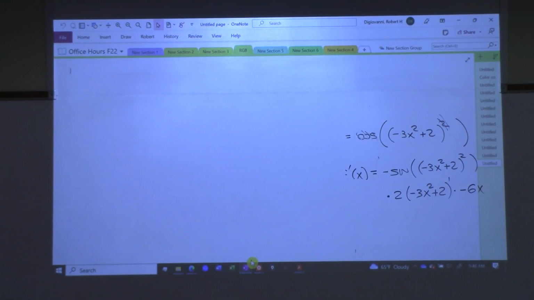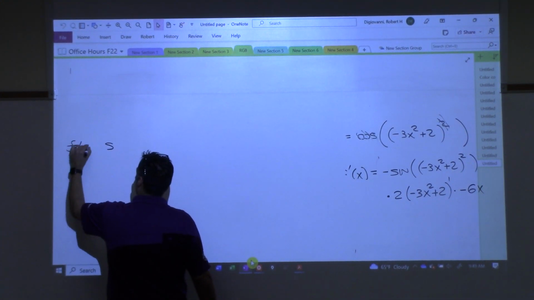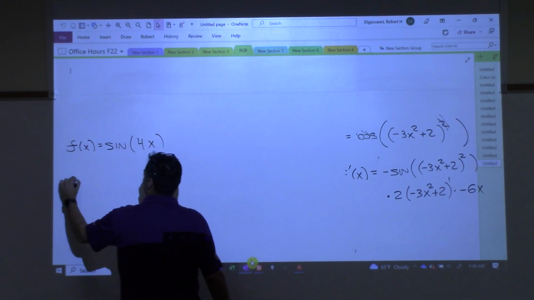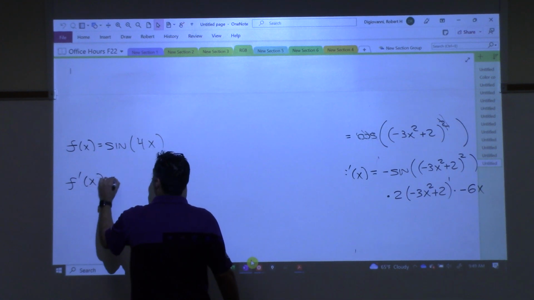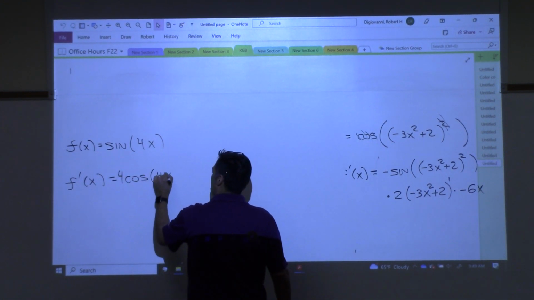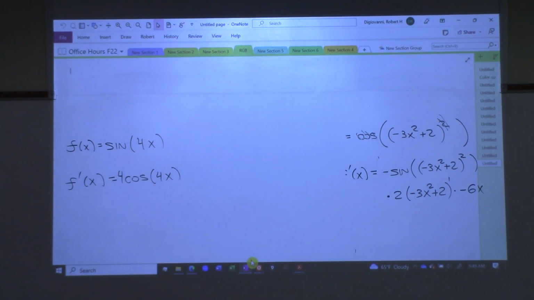So I got the Cliff Notes for calculus, and I remember it had something like this. It wrote f of x equals sine of 4x, and then on the next line it had this, with a 4 in front. And I had no idea what the chain rule was.